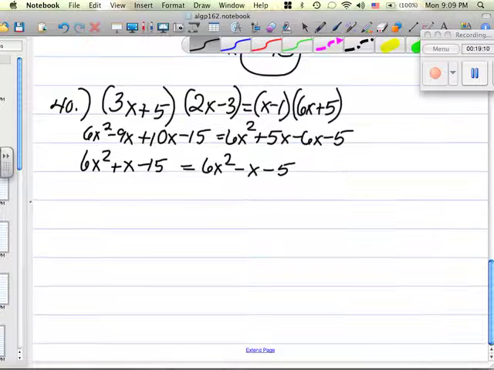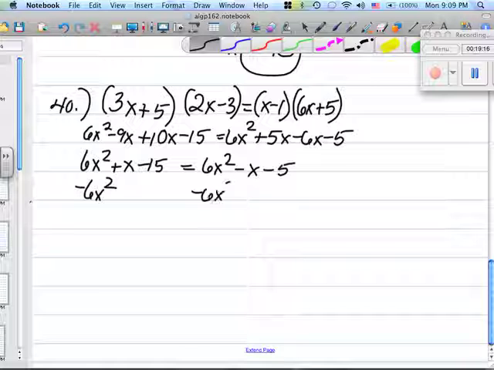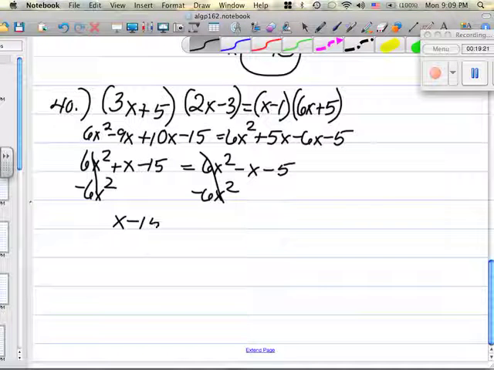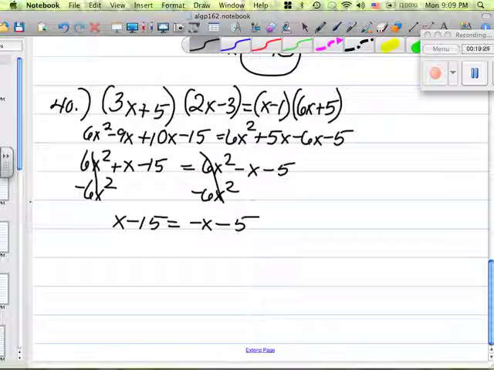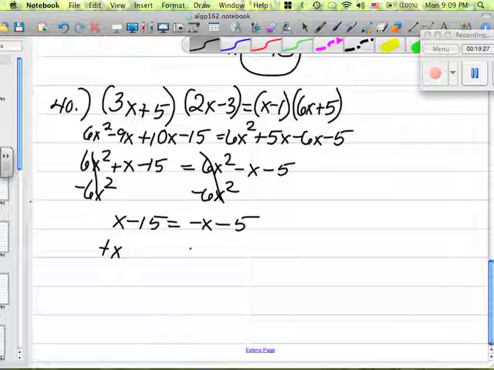Getting the variables on one side, start with the one with the highest degree, 6x squared, we subtract that from both sides, and that goes out. So now we have x minus 15 equals the opposite of x minus 5. Get the x's on one side, add x to both sides.